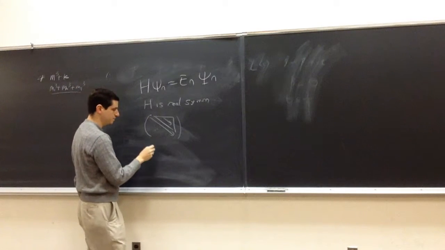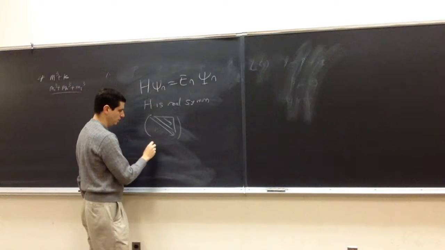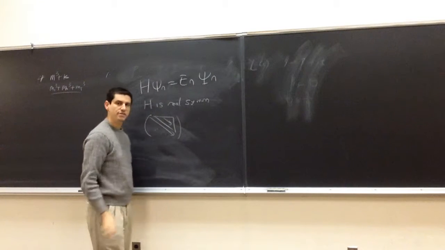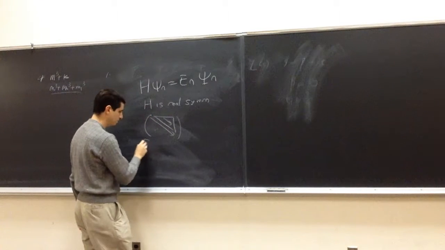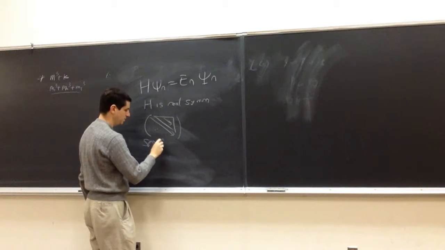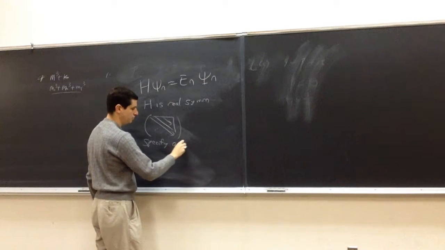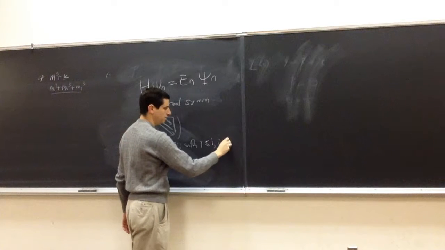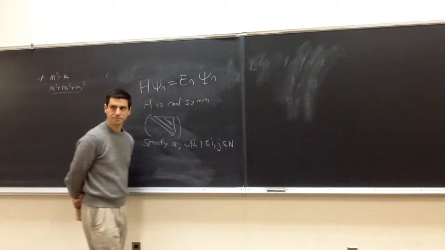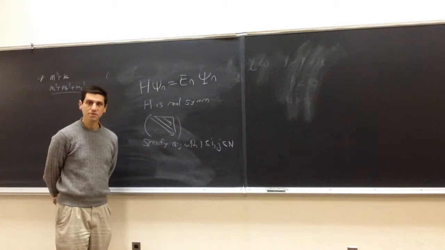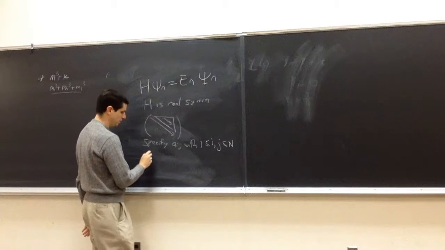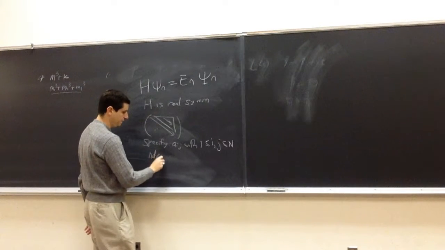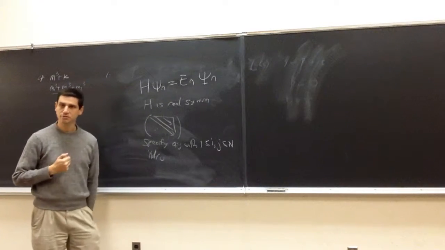So I would have to specify all these entries, and everything else would be determined. So specify a_ij with 1 ≤ i ≤ j ≤ n. And the simplest thing to do is to assume they are IID, independent, identically distributed random variables.